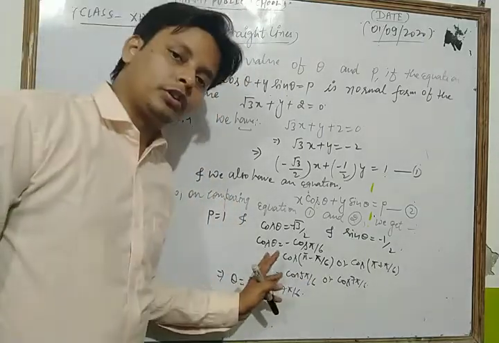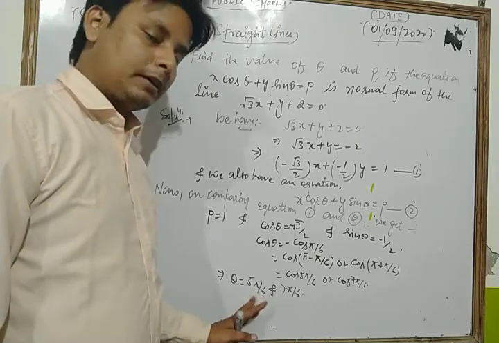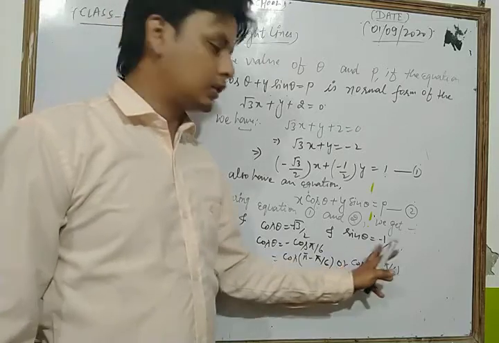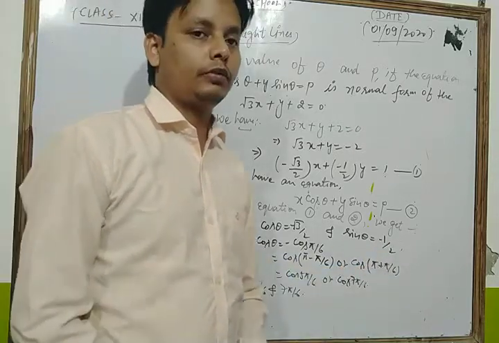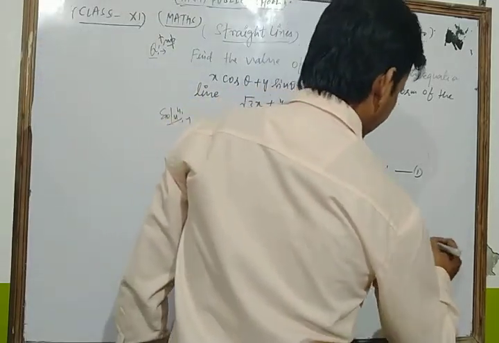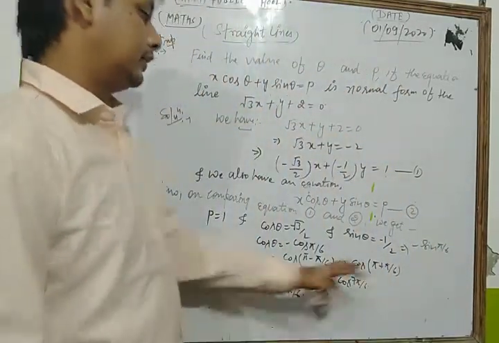So from that equation we find all the possible values of theta as 5 pi by 6 and 7 pi by 6. Now from the equation sin theta is equal to minus 1 by 2, we find all the possible values. Here we write minus sin pi by 6, because the value of sin 30 is that.